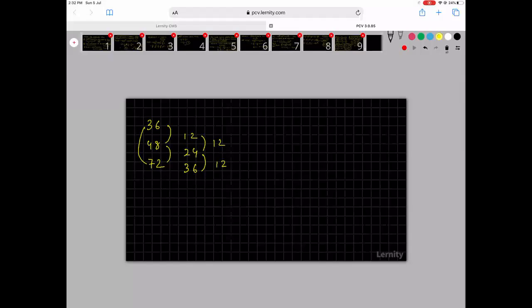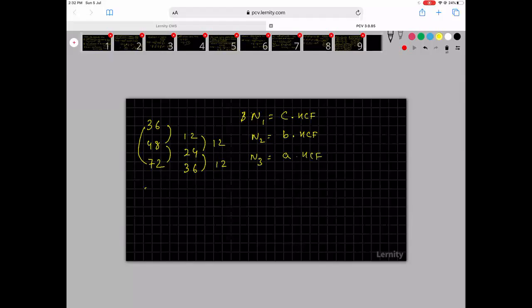The logic I will explain again. The first number n1 is some constant into the HCF. The second number will be some other constant into HCF. The third number will be some other constant into HCF.